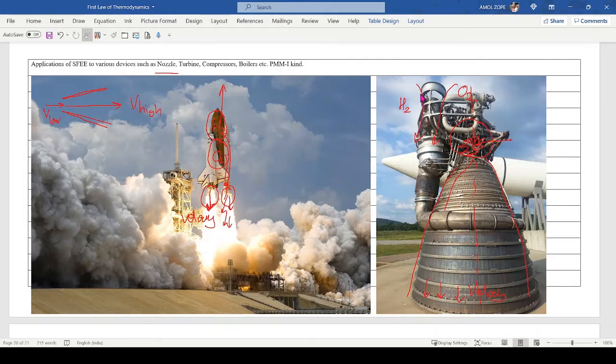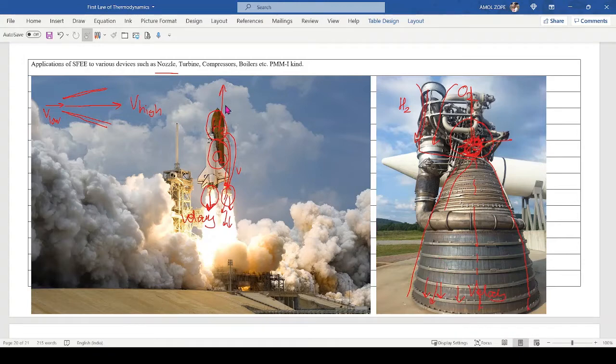So hydrogen and oxygen combine in the combustion chamber. Hydrogen needs to flow from the tank to the combustion chamber, so there would be a very low velocity, and when they get out, there would be very high velocity.